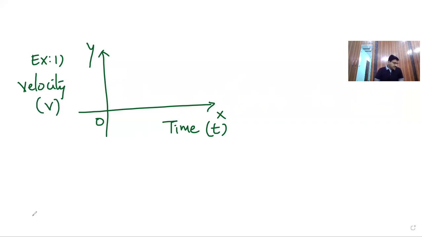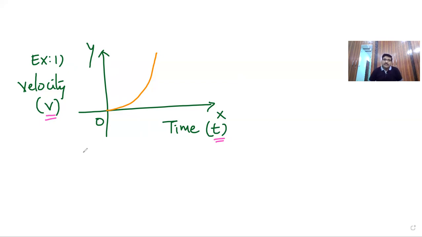Suppose the graph is like this, observe carefully. This is a velocity time graph. If the velocity time graph appears like this, what does it indicate?